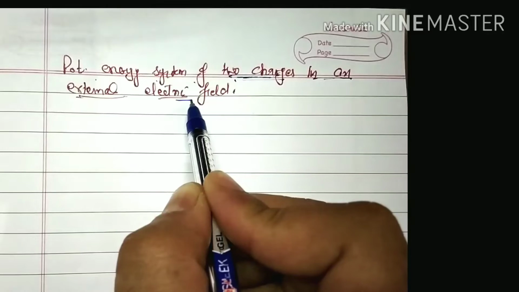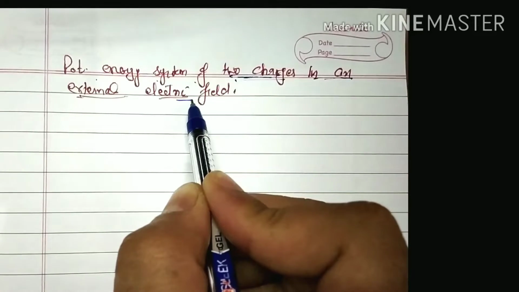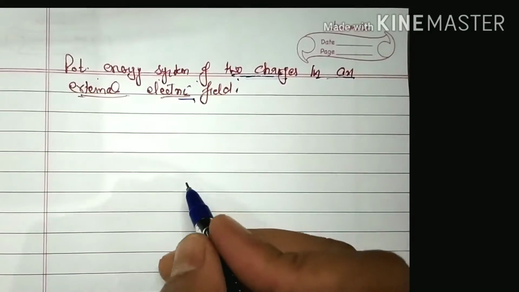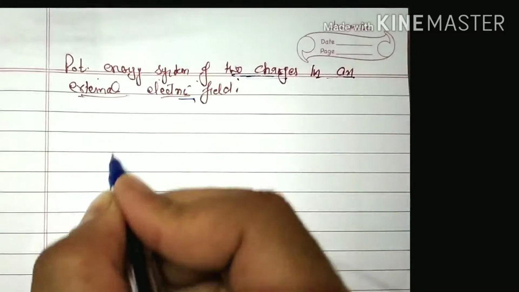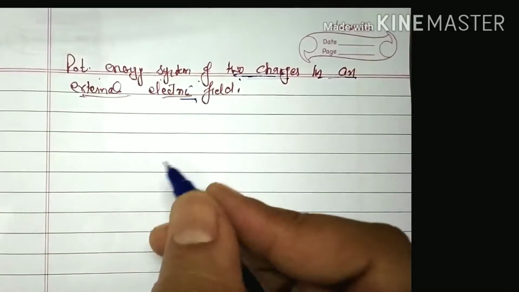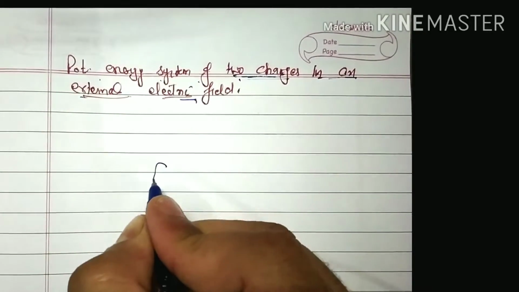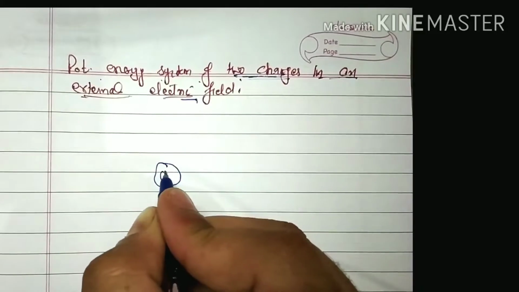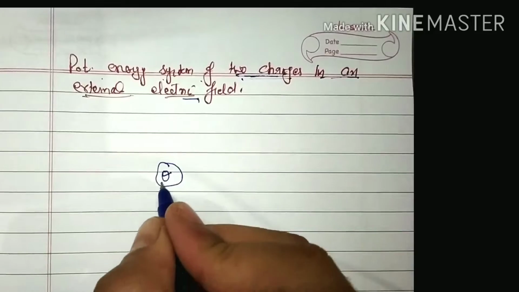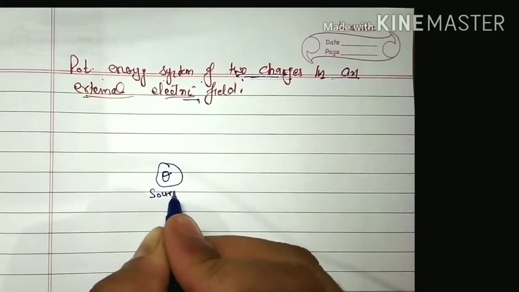Now we are going to make a system of 2 point charges in an external electric field. Suppose this is the region where we want to bring 2 point charges, but this is the region where we have an electric field. Suppose here we have a source of electric field.